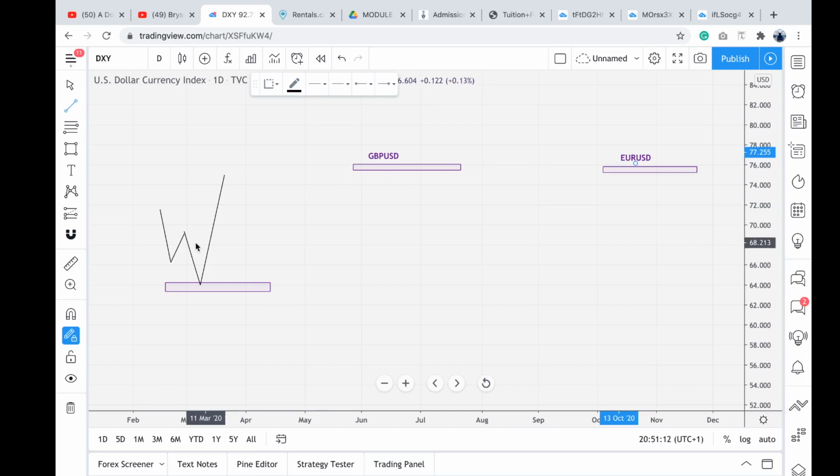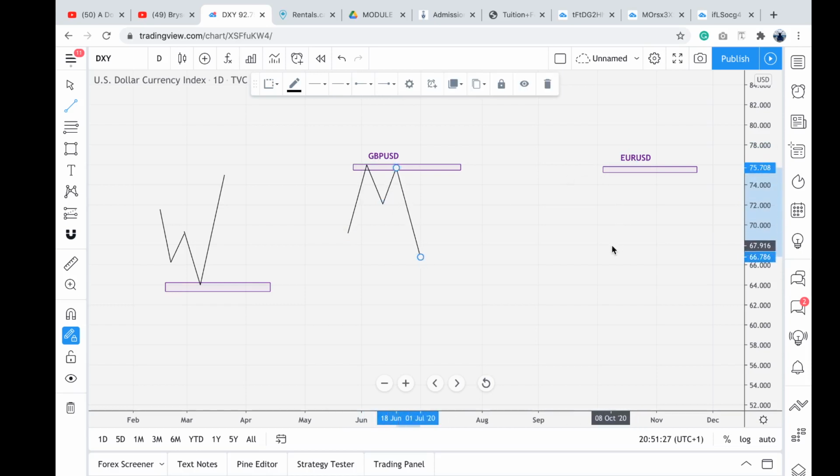We see this bounce off the higher time frame support level, and whilst this was making lower lows, this made lower highs. And this made equal highs in line with the DXY.